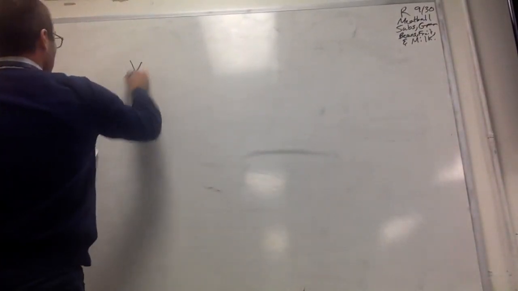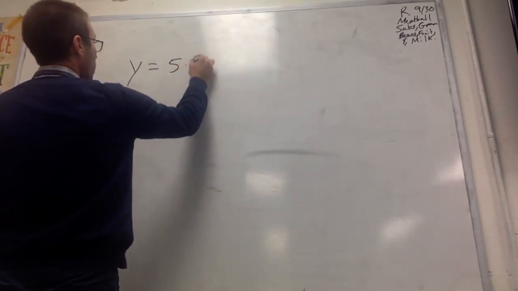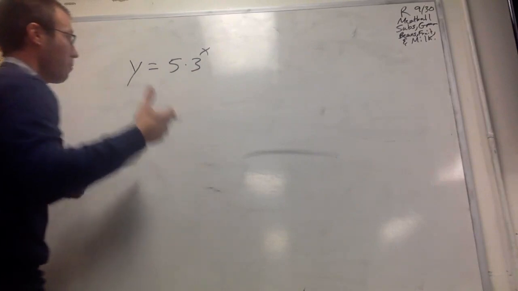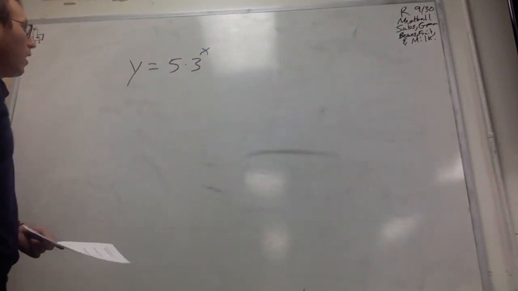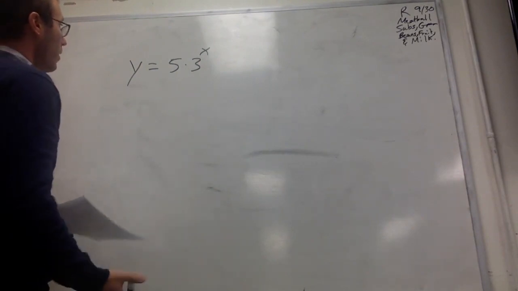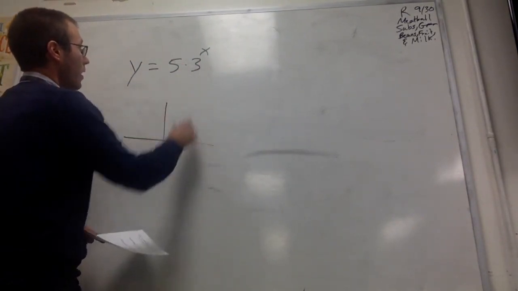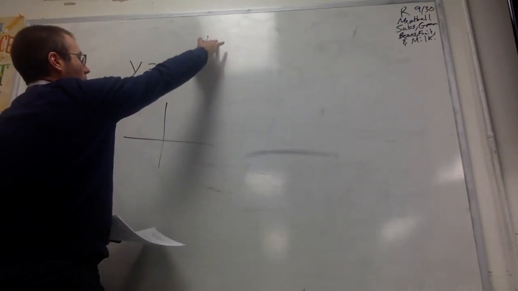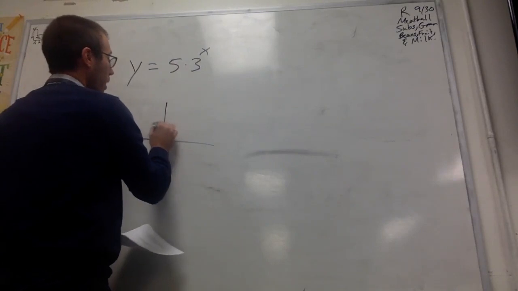Number 9 says, is this growing or decaying? Is this getting bigger? Is it dying off? Here, this base is positive, so just think of 3 to the power of x. As x becomes huge, this value goes way off to infinity.